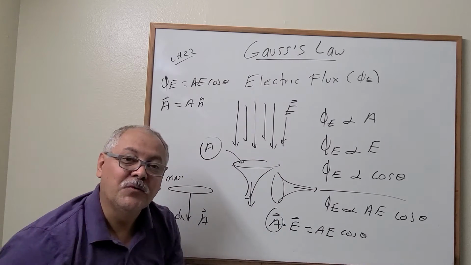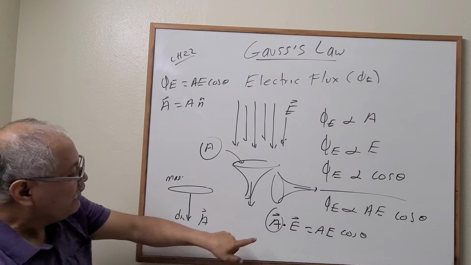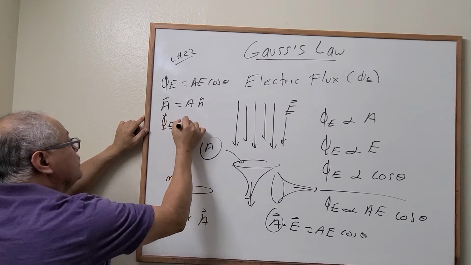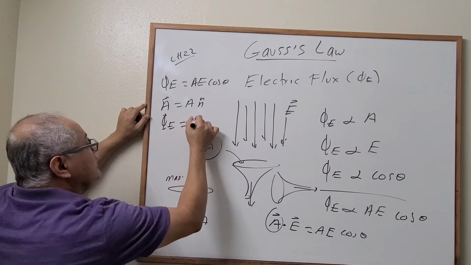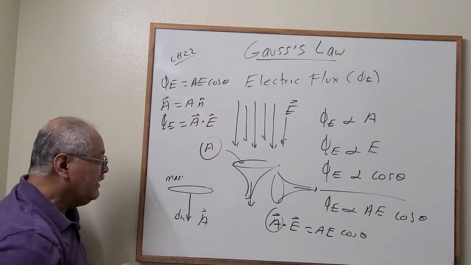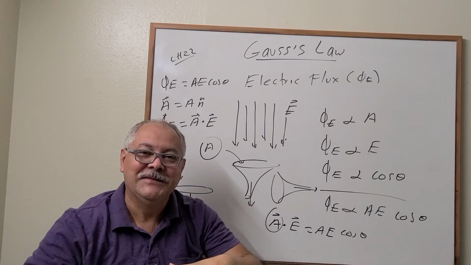Perfect. Now, taking this into account, we can represent the electric flux as this dot product. Now we have these two vectors, and the area is now a vector. It has magnitude and it has direction.